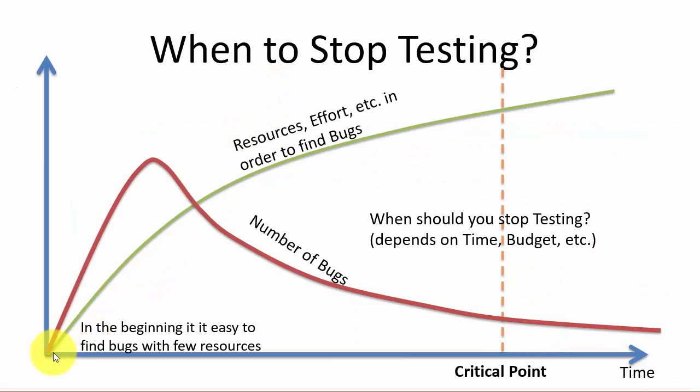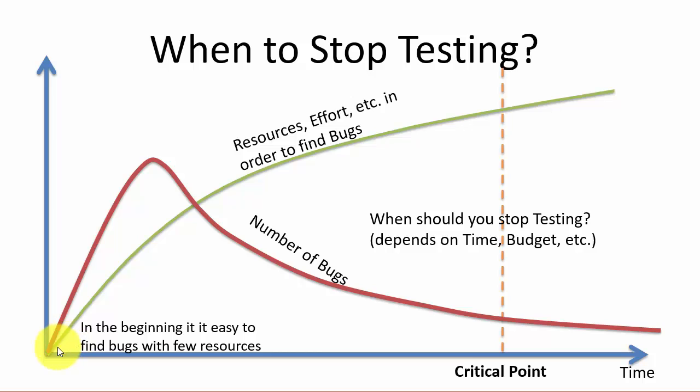Here we see another chart. This red line shows the number of bugs over the development time. In the beginning, of course, there are no bugs, but then lots of bugs appear, and then we start fixing them, and then the number of bugs should go to 0 after an infinite time.